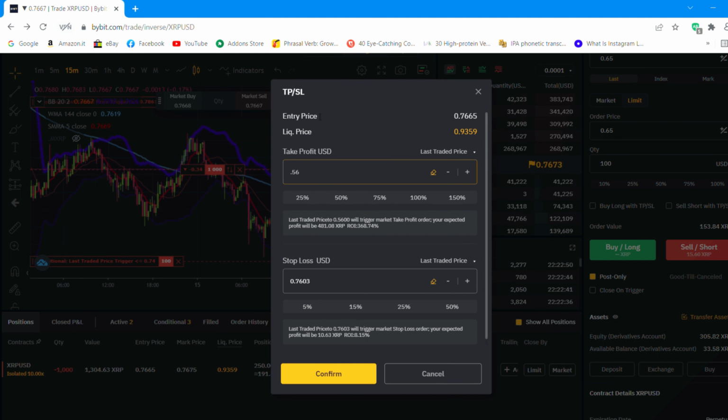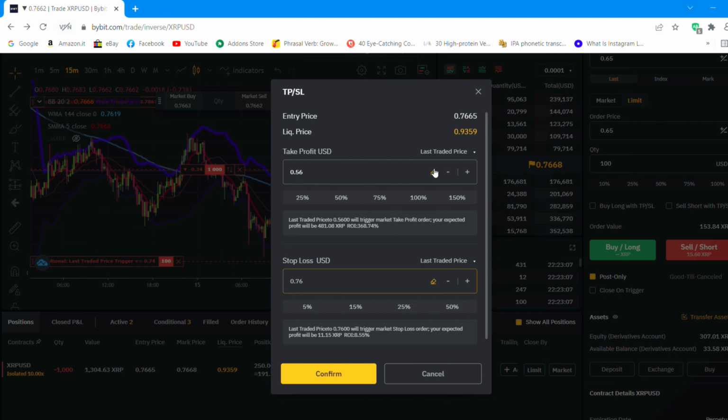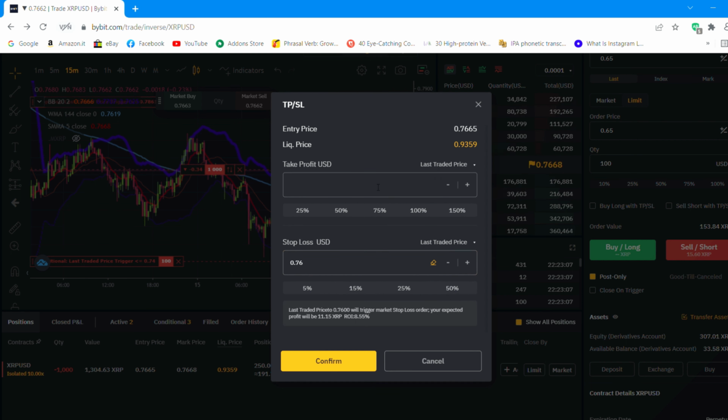I don't have to, of course, if I set this one and this one gets hit, it'll close. But just a second. I can, yeah, not in this case. Sorry, guys. I take that back. So I can't set both of them. I'll show you what I mean by both of them.